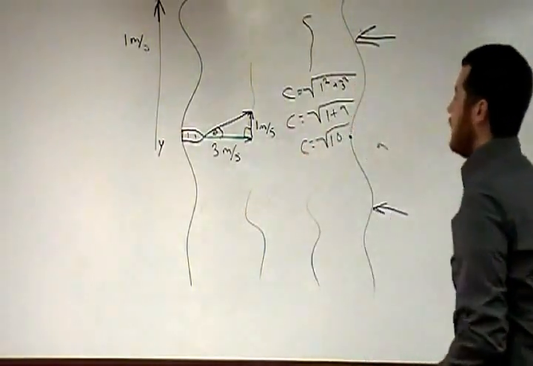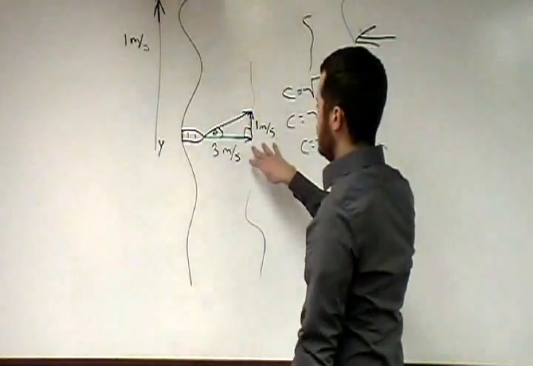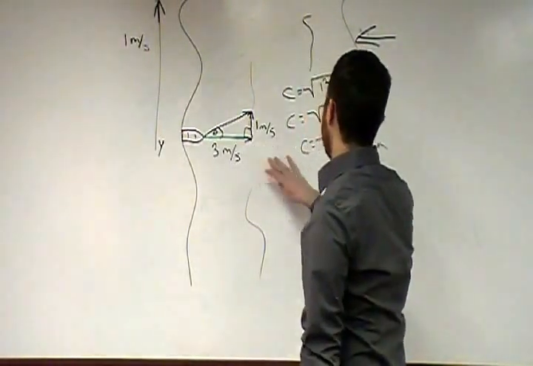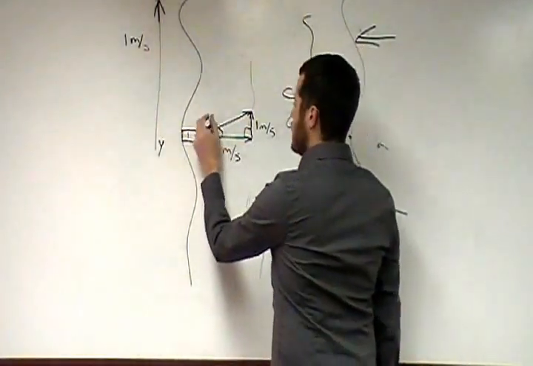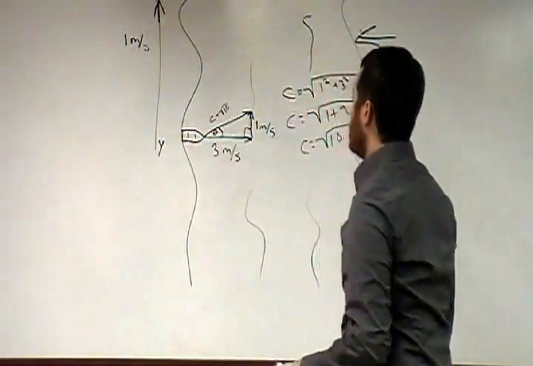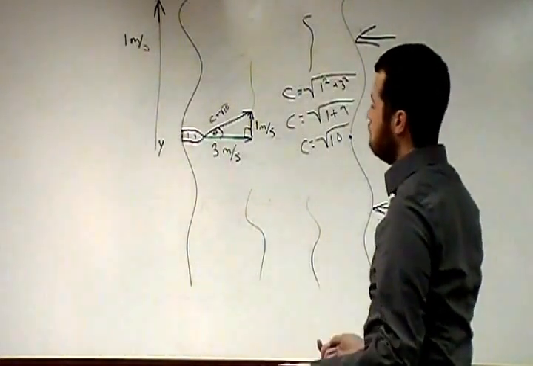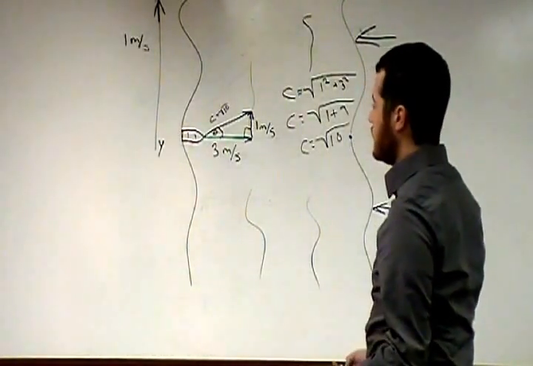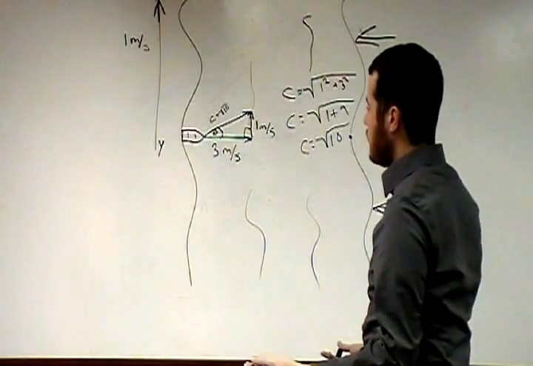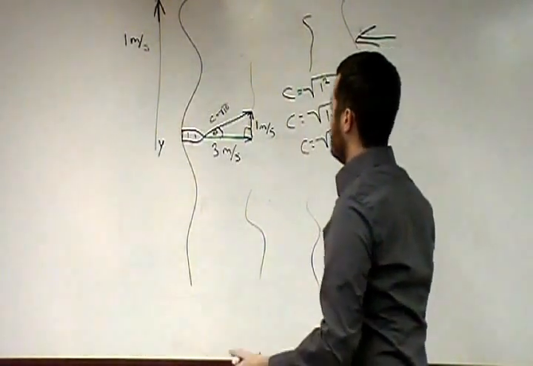Now you can use your calculator and determine a decimal value here that is going to be easier for you to work with later, but for now we're just going to use c is equal to the square root of 10, which is going to be a little larger than 3. The square root of 9 is 3, 4 squared is 16, so it's going to be somewhere between 3 and 4. Closer to 3, significantly closer to 3.